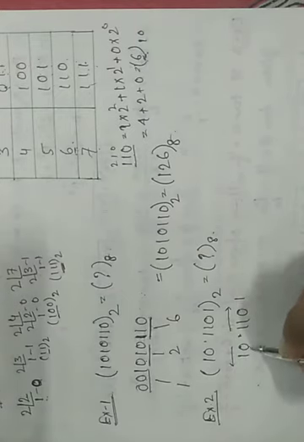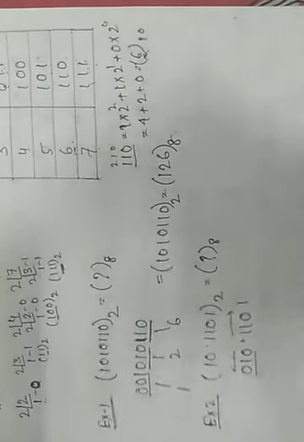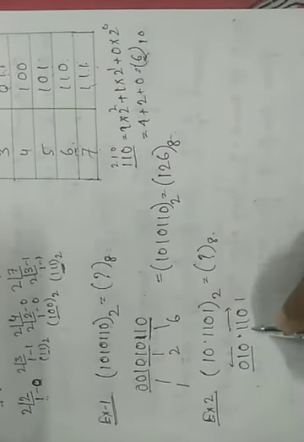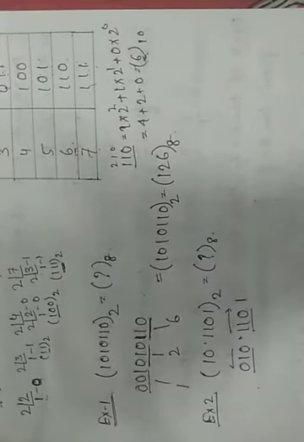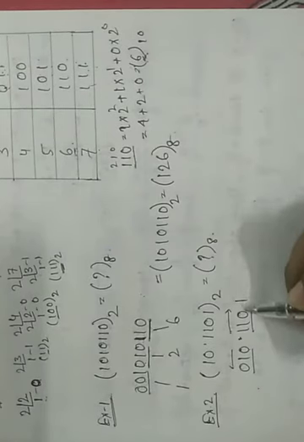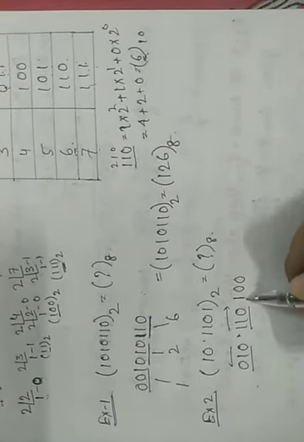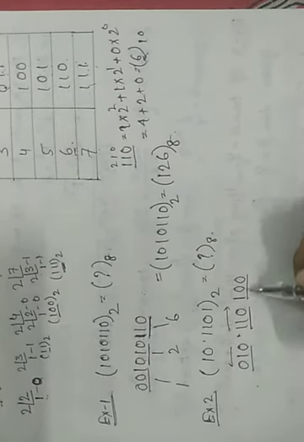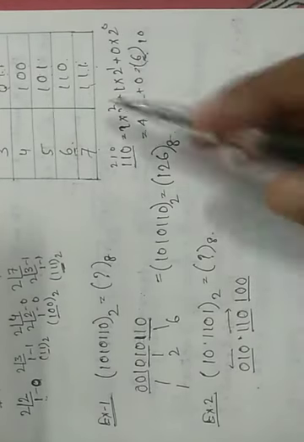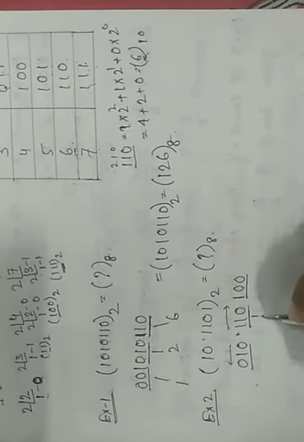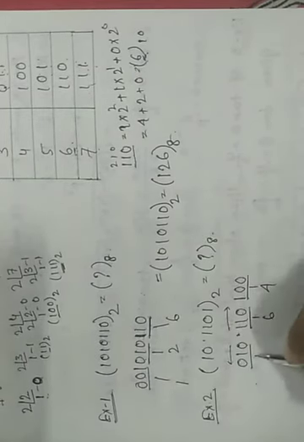So here we have 2 bits, so we have to add a 0 here. And here if we group 110 as 3 bits, and here is one single bit, we can add 2 zeros here. Okay, now here you can see the 3-bit group values. So 110 is 6, you can see the value from the table. 100 is 4, 010 is 2.